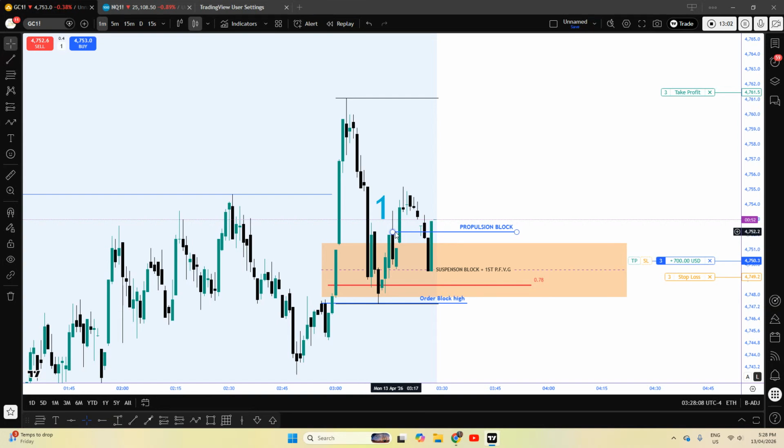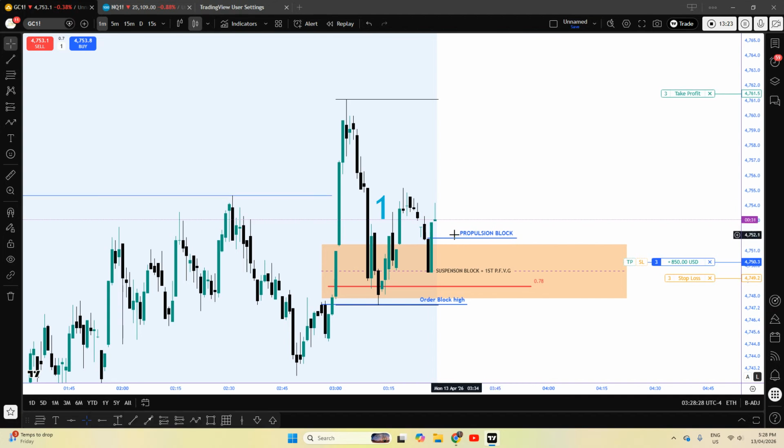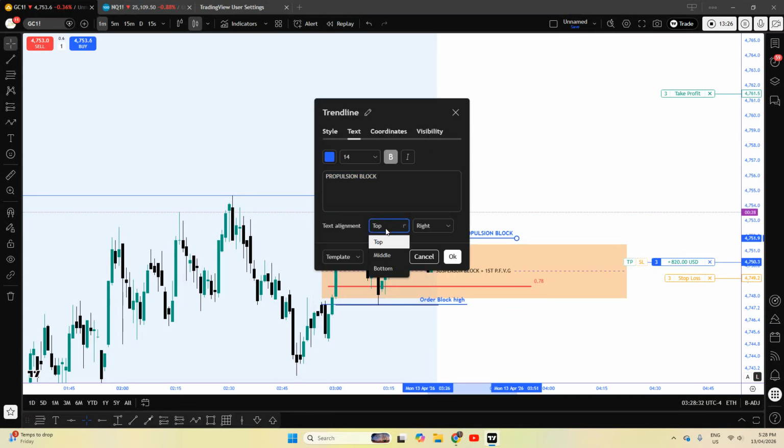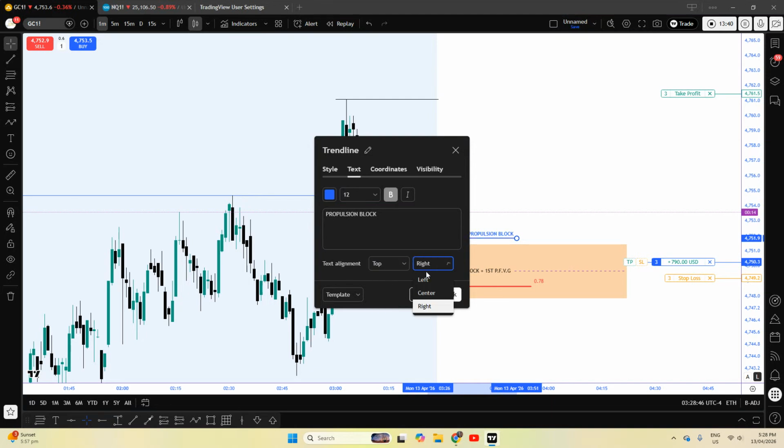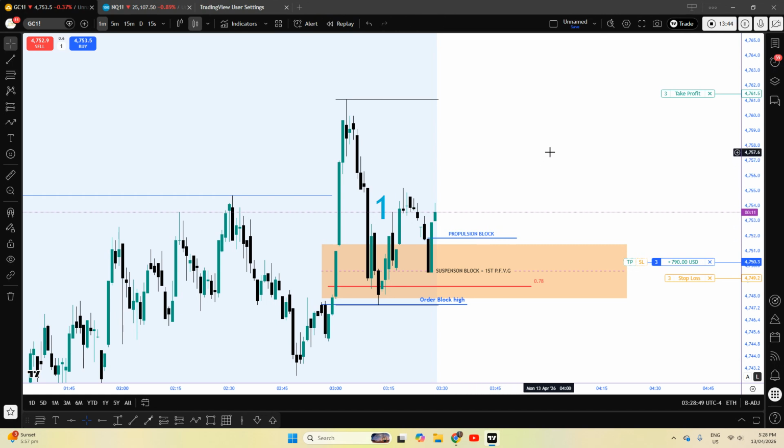So we have another formation of another propulsion block right here. So when you understand order blocks, it's really good for scalping short-term entries.